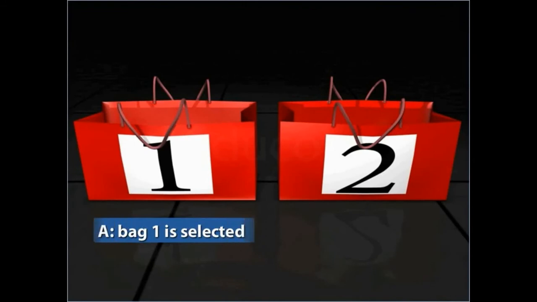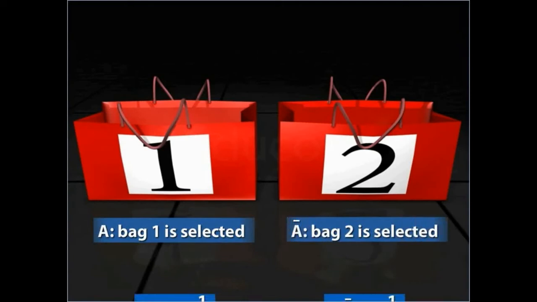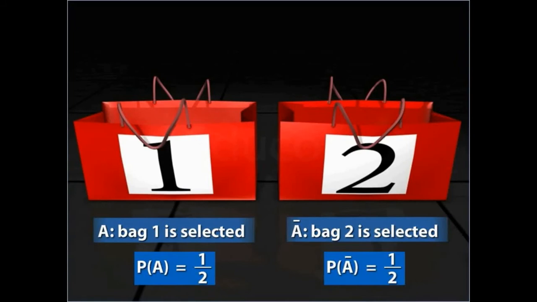To draw a ball, first we choose any one of the two bags. If we name the event of selecting bag 1 as A, then the event of selecting bag 2 is not A or A complement. The probability of selecting each bag is half.